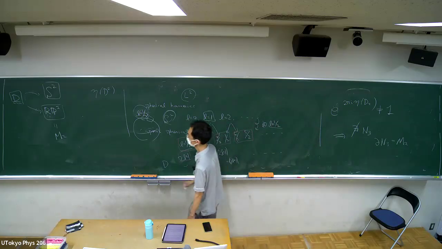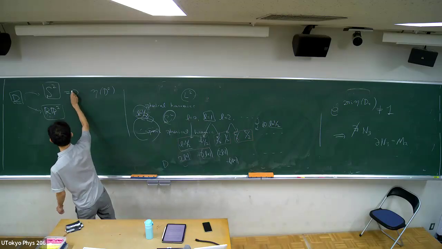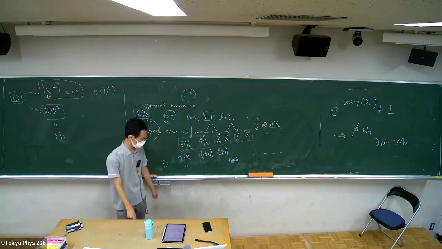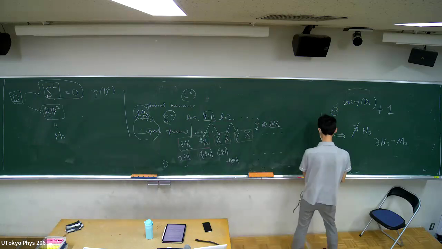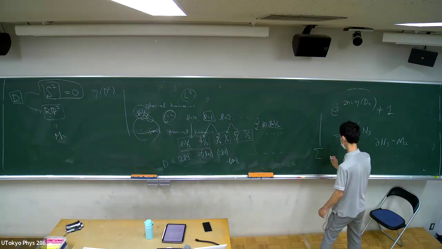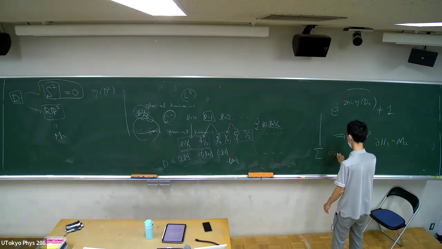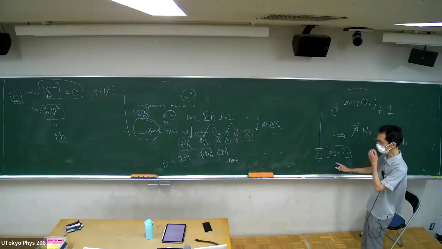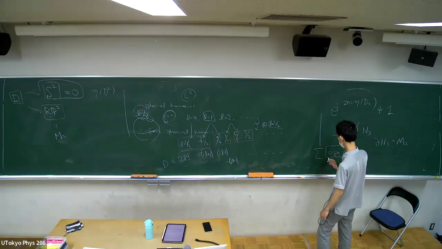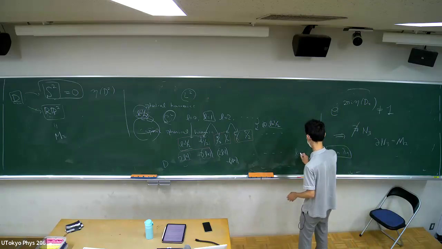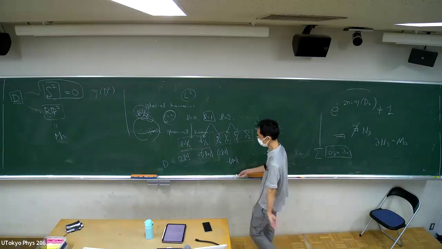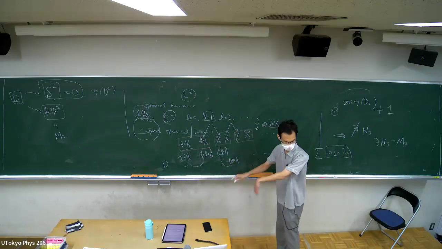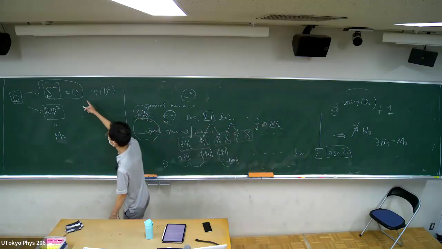Because of this, you can easily show that the eta invariant for this is 0. So this is due to Takasan-san's observation, right? The eta invariant is the regularized sum of the sign of the Dirac eigenvalue, right? So even before taking the regularization off, the contribution to the eta invariant from these pairs just drops out. So this is 0.